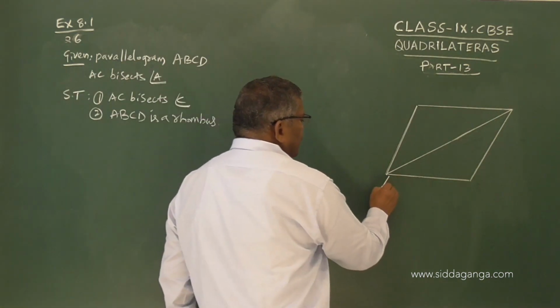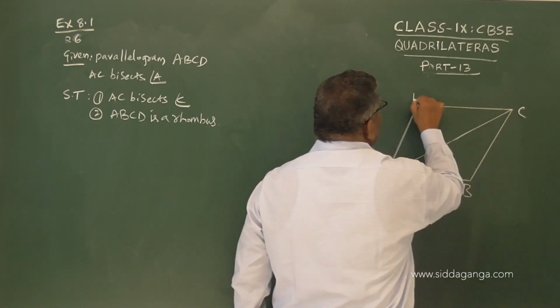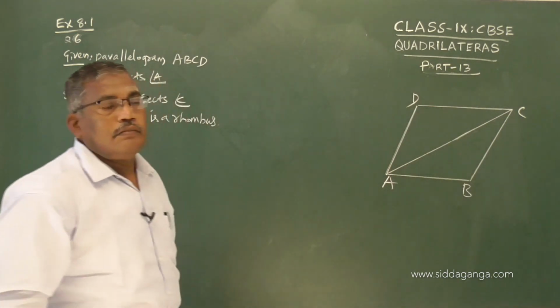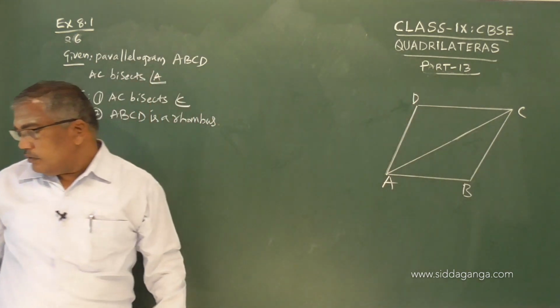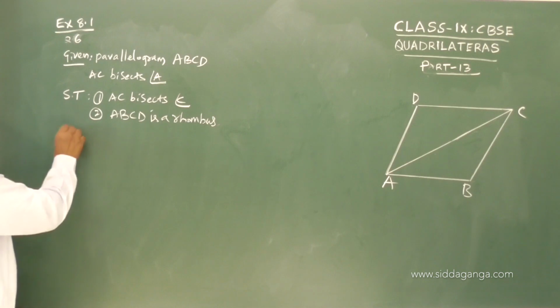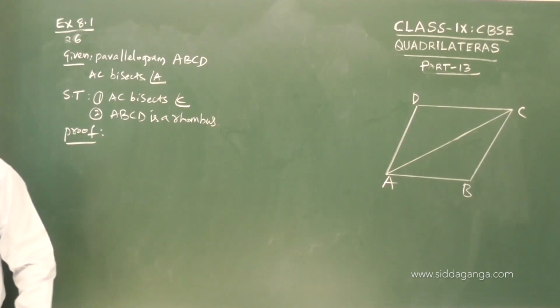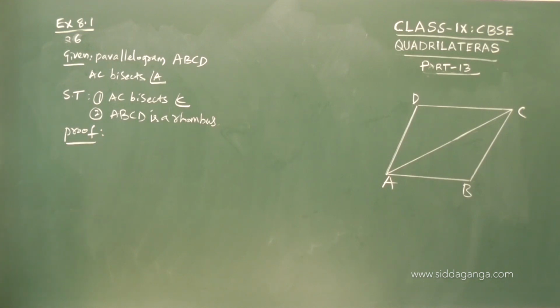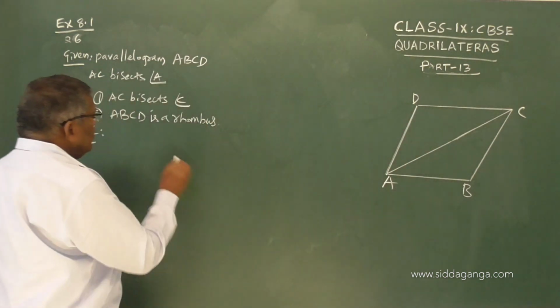So, let us take it as A, B, C, D. Now, proof. See, we have two triangles here. Let us compare them.